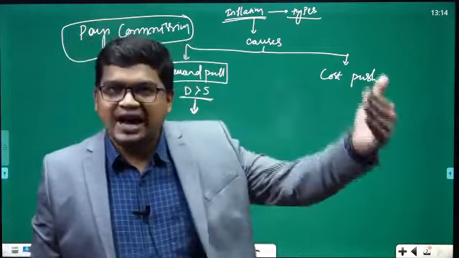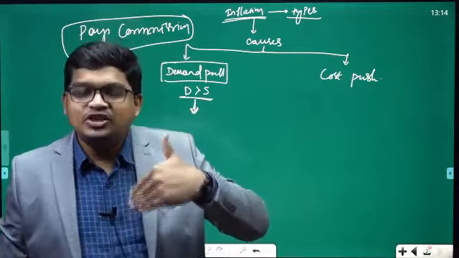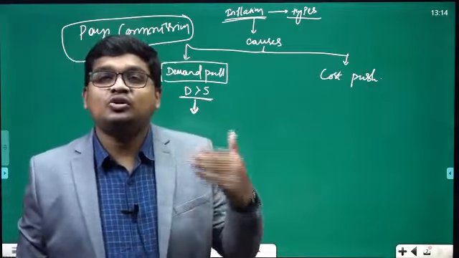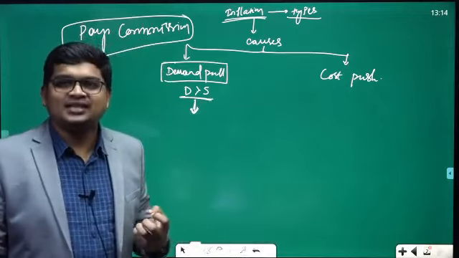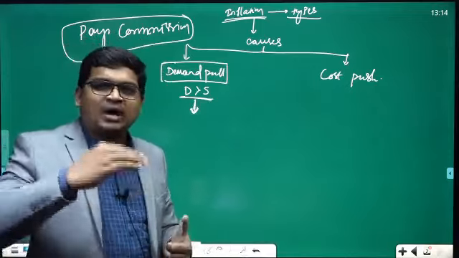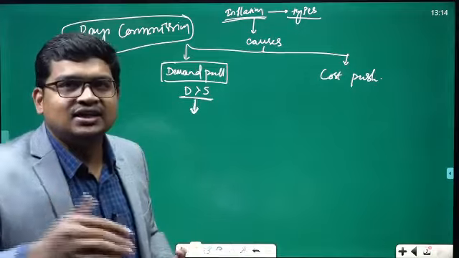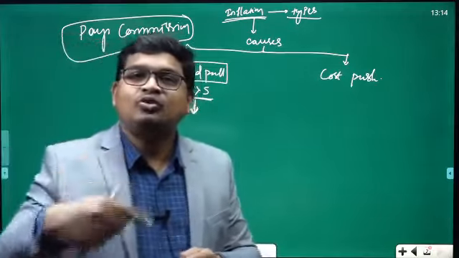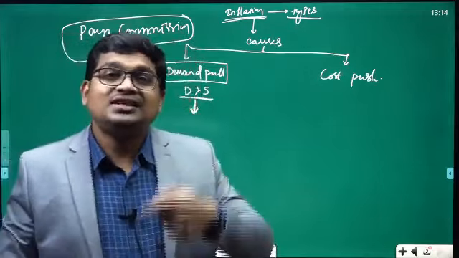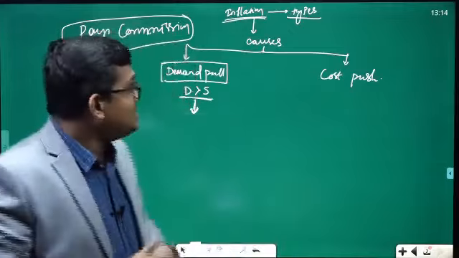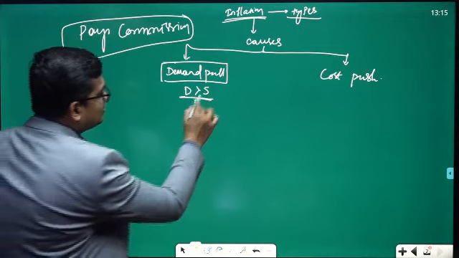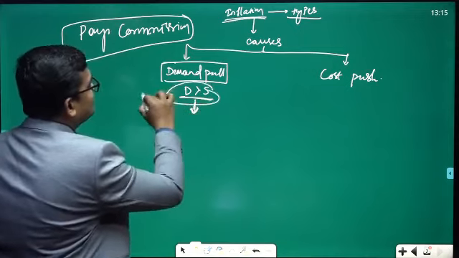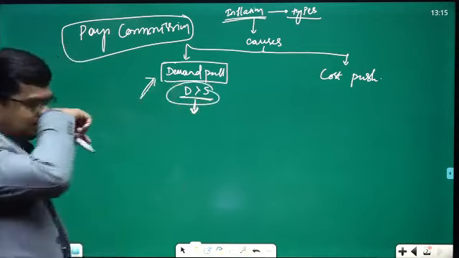So due to that, your purchasing power also increases with the increase in income. So when purchasing power of people increases, they will definitely demand more goods and services. But supply of those goods and services remaining constant, so demand greater than supply leads to demand pull inflation.